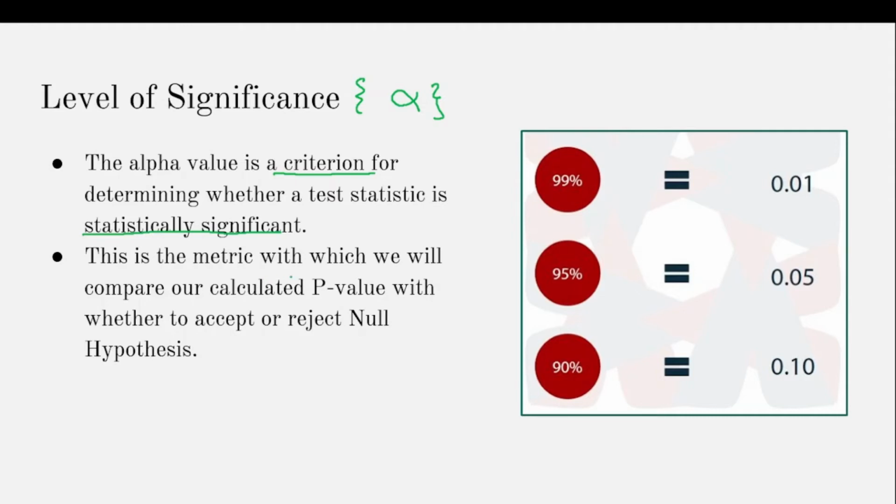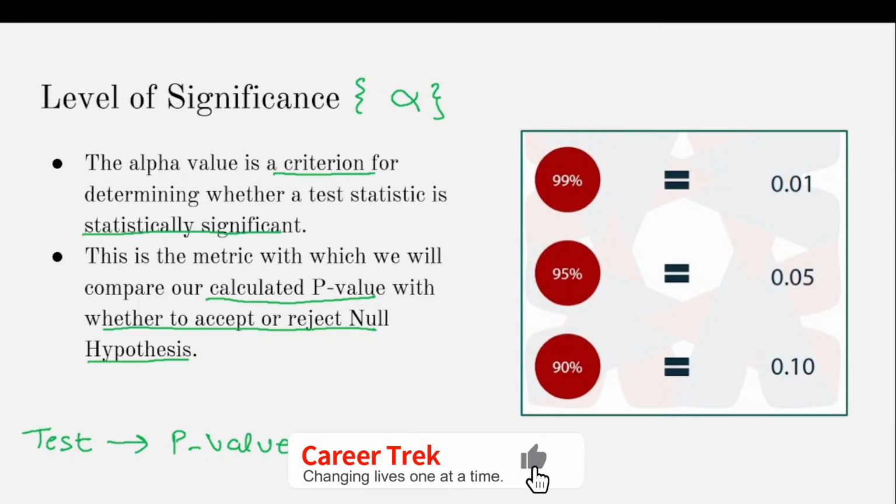This is the metric with which we will compare our calculated p-value and decide whether we need to accept or reject the null hypothesis. As we have seen in the previous case, while doing the hypothesis testing, we performed different tests, and based on the test results, we calculate the p-value. P-value tells us how significant our assumption was. Now we have to decide whether we need to accept the null hypothesis or reject the null hypothesis. To make this decision, alpha, that is the level of significance, comes into the picture.